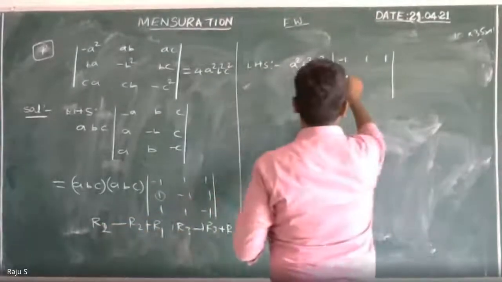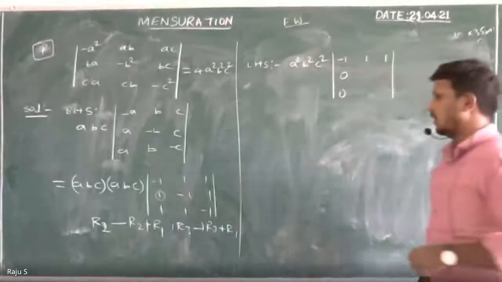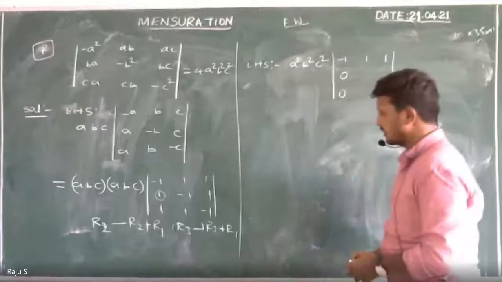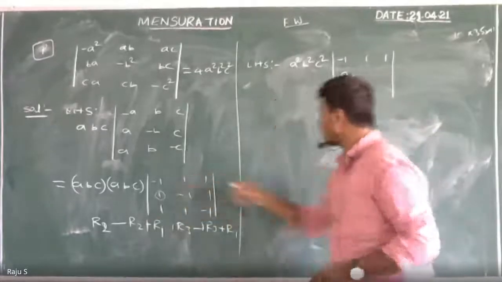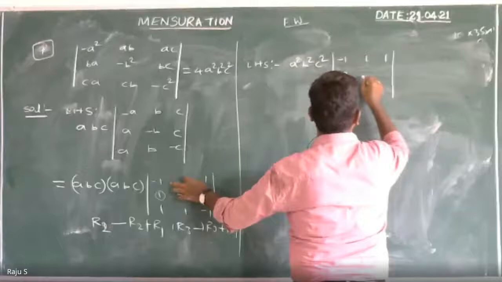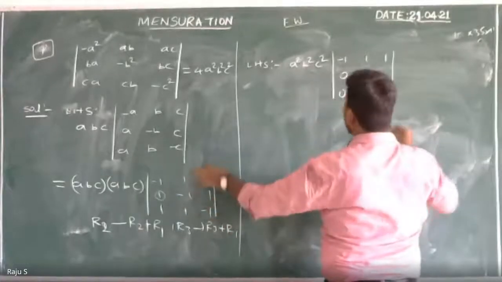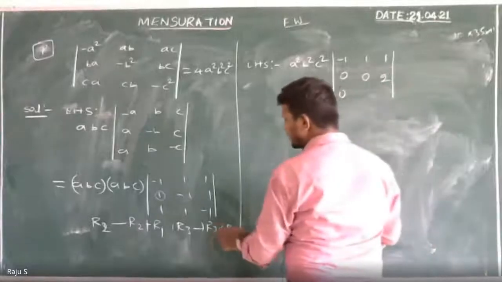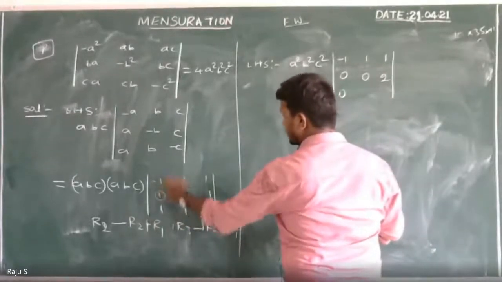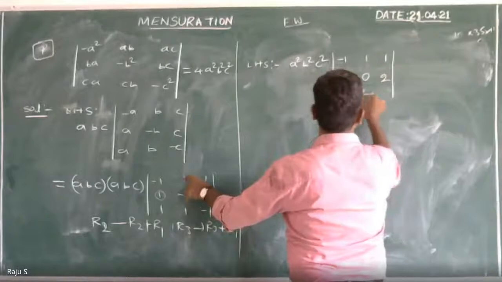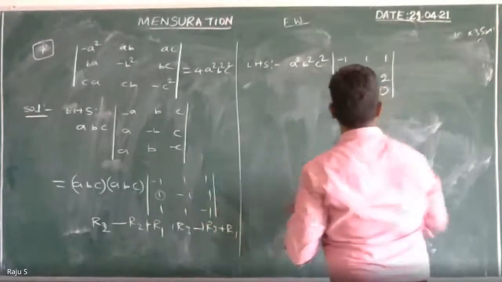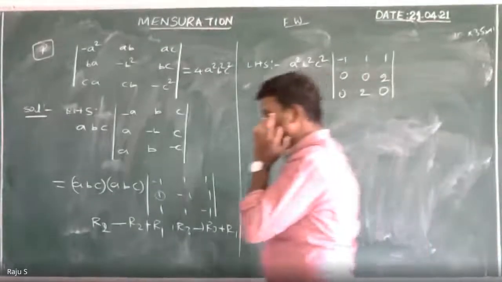So in R2 this is 0, this is 0, and R2 plus R1 gives 2. Then R3 plus R1: 1 minus 1, 0; 1 plus 1, this is 2; and minus 1 plus 1, this is also 0. Okay, finally we got it like this.